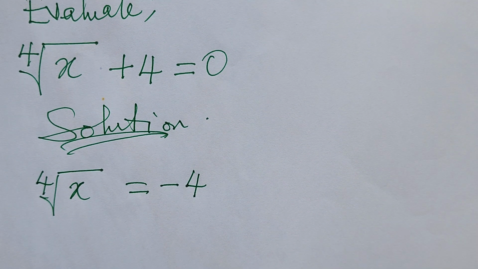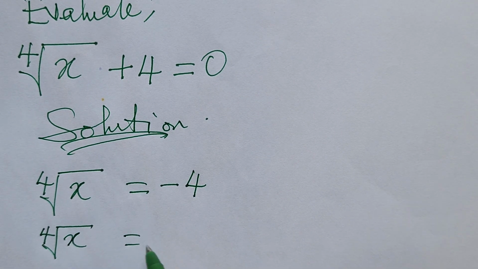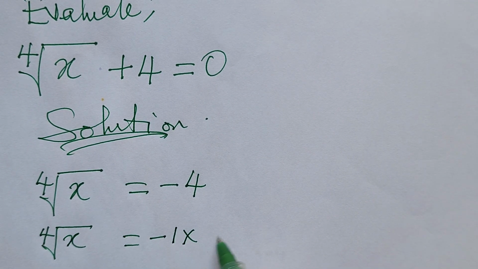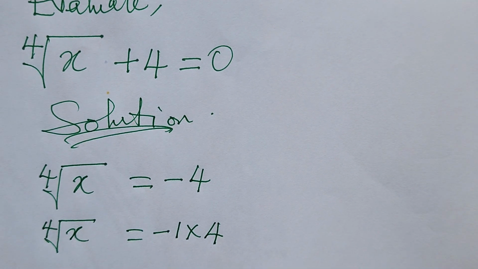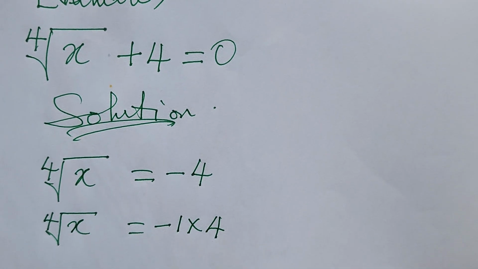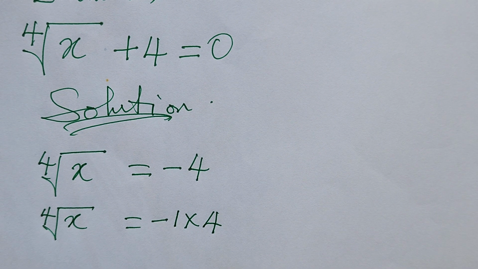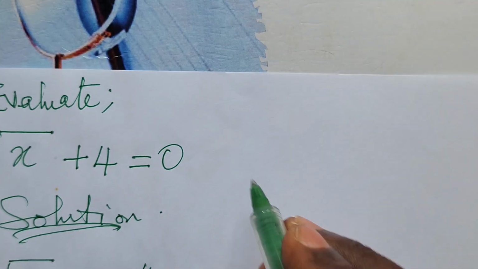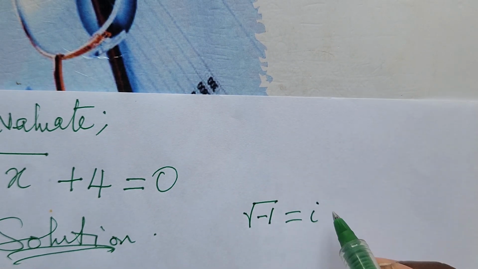Minus 4 could be written as the fourth root of x equal to minus 1 times 4. We have to bring in an identity from the imaginary number i. We know that the square root of minus 1 is equal to i.